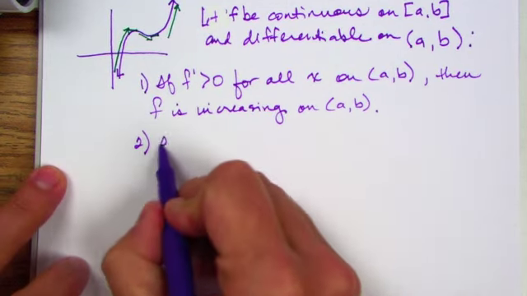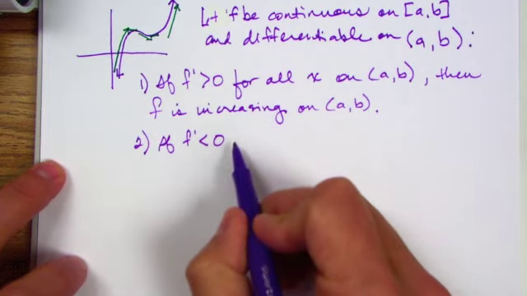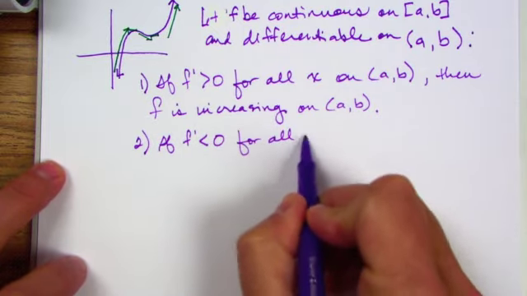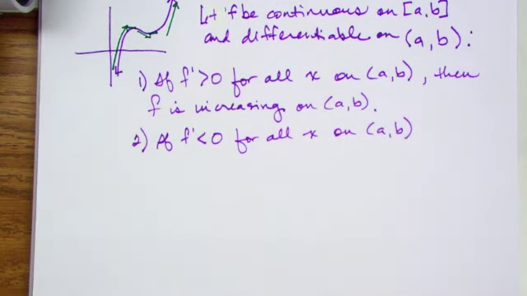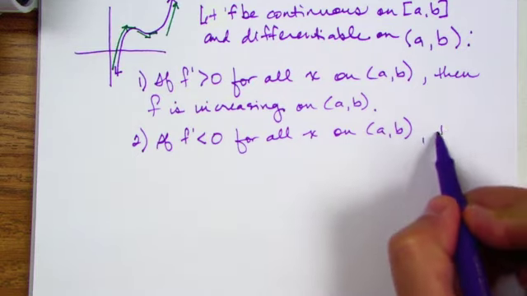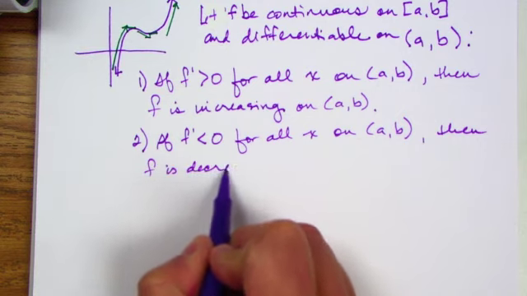Similarly, if F prime is less than 0 for all x on the open interval AB, then F is decreasing.